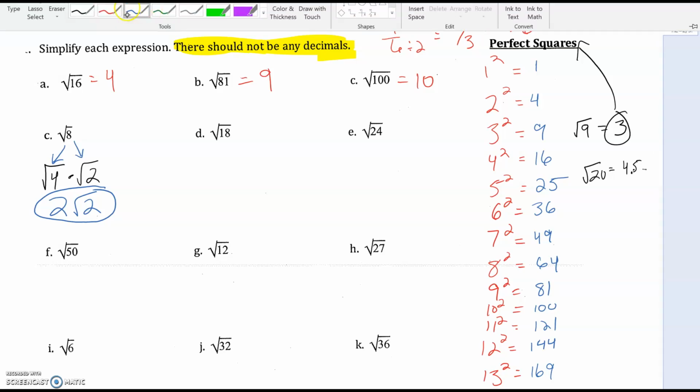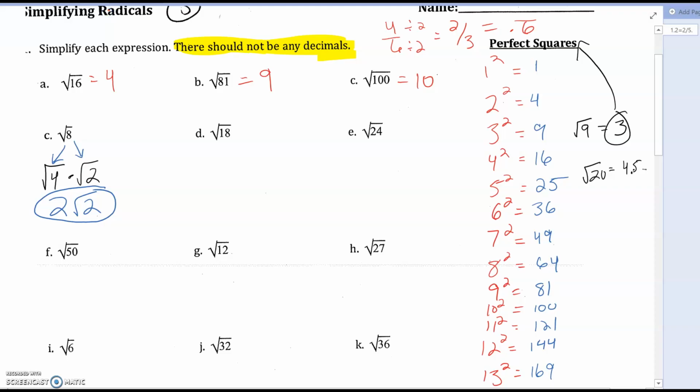I know this might look a little weird, but 18, I can't take the square root of 18. But there is something that multiplies into it that you are able to take the square root of. If I look over here, 1's not going to do much. 4, I can't really multiply 4 by anything to get 18.